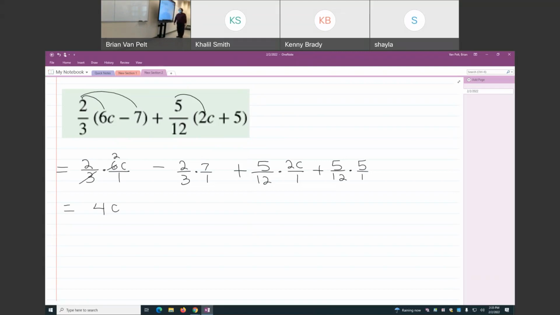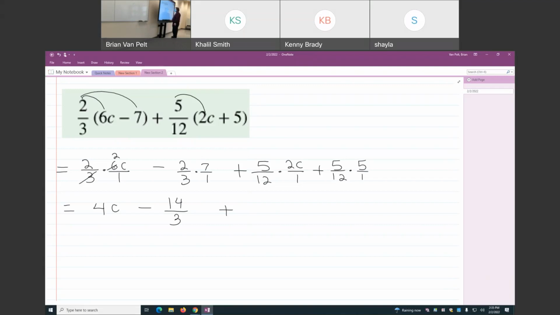The next one, I can't do any kind of simplifying, so I can just multiply it across. -14 over 3. You okay with that? Similarly, I can't cancel anything in the next thing either. I can just multiply across. Well, no, I can do, except do you see any simplifying that can go on here?